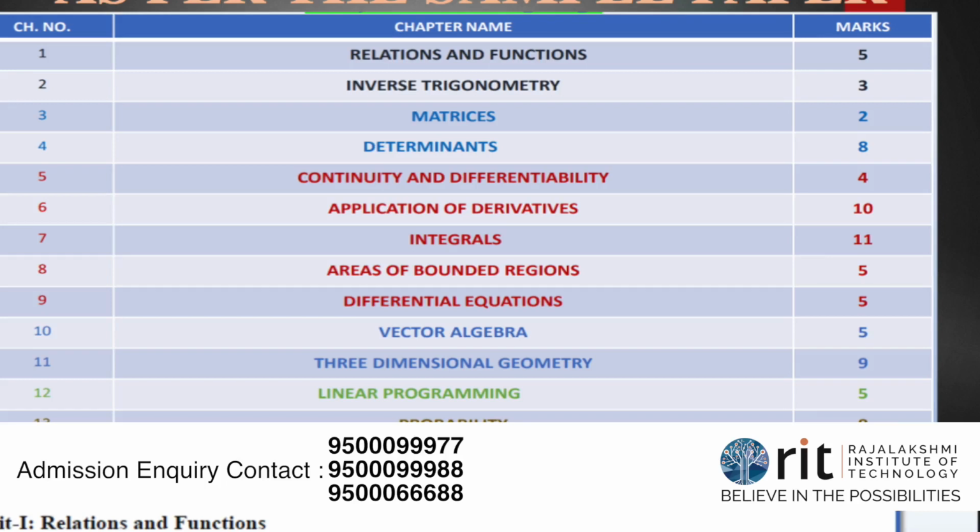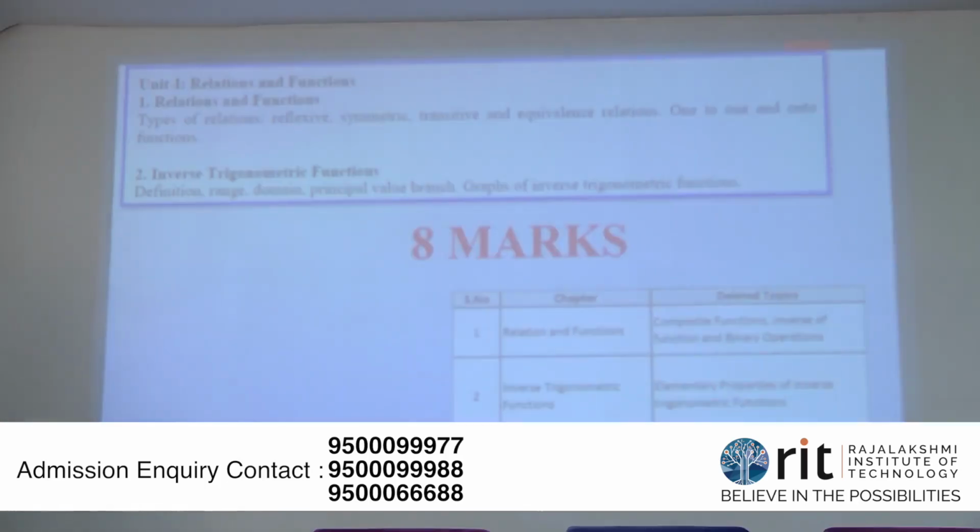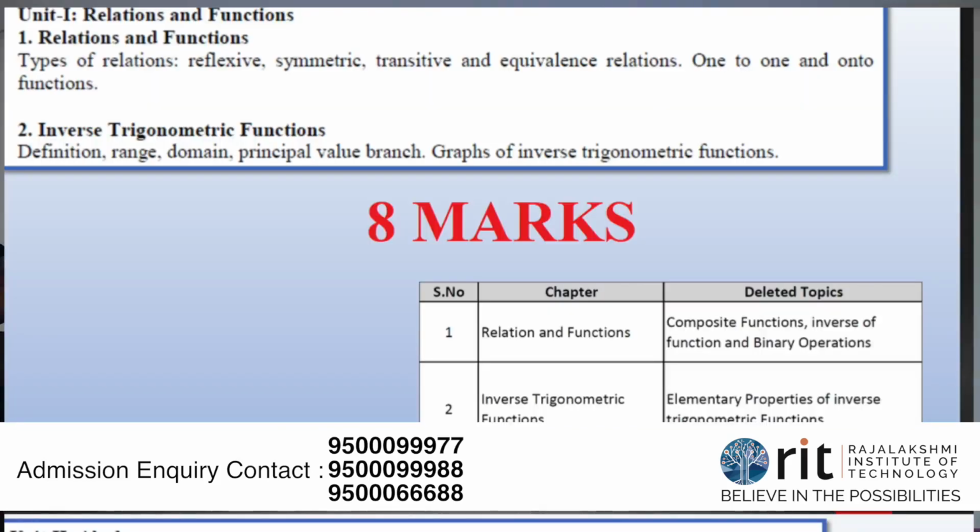In inverse trigonometry, chapter number 2, only 2.1 is coming, not 2.2 and the miscellaneous part. Okay, I will just give you the page number and what to read, what not to read there. But in the guideline given by the CBSE, there is one word: definition, range, domain, principal values, and see the last graph of the inverse trigonometrical function.